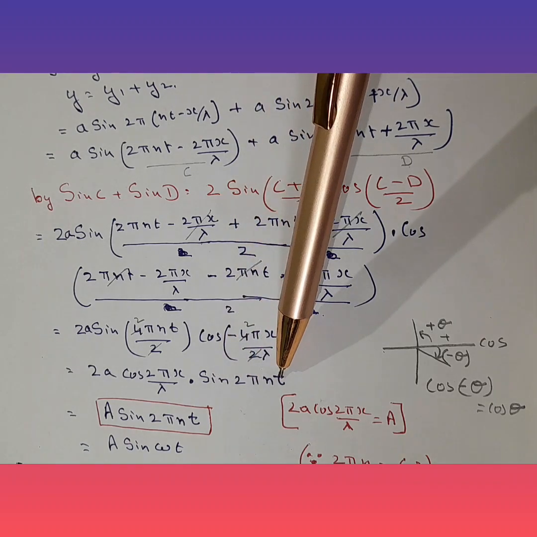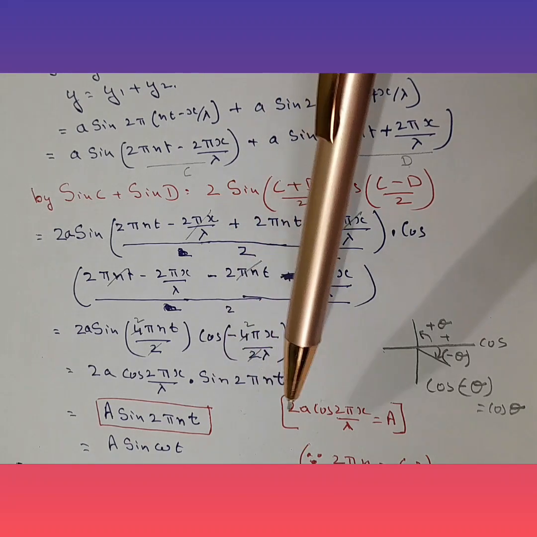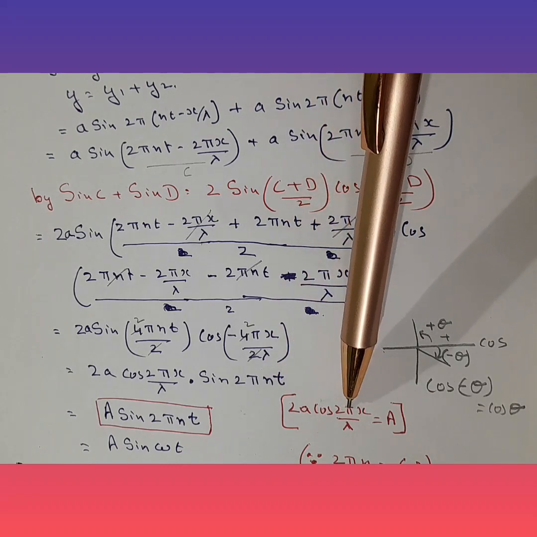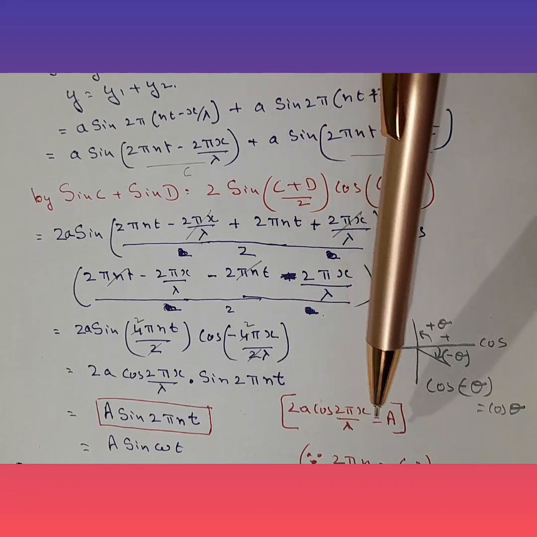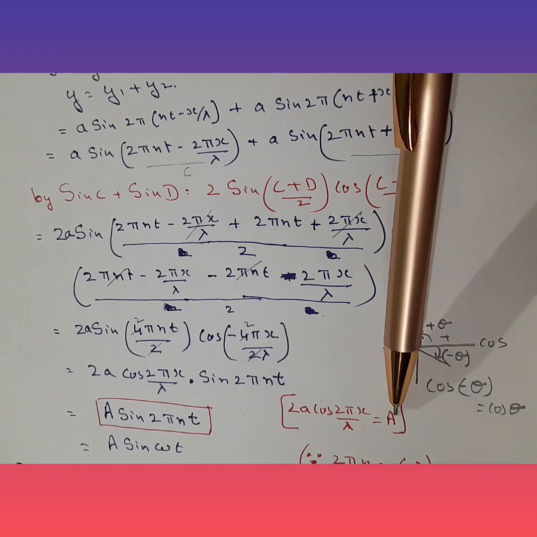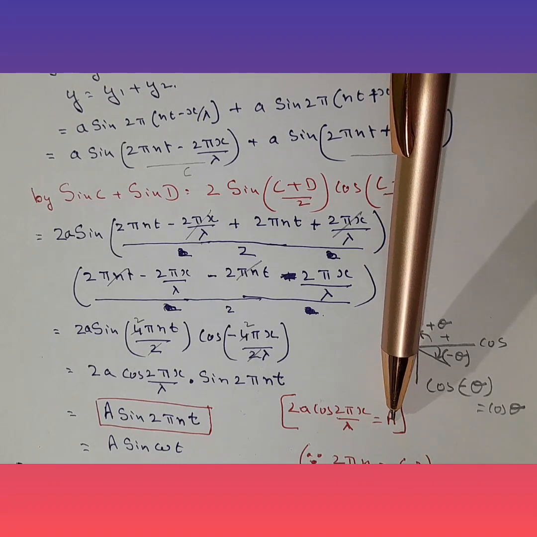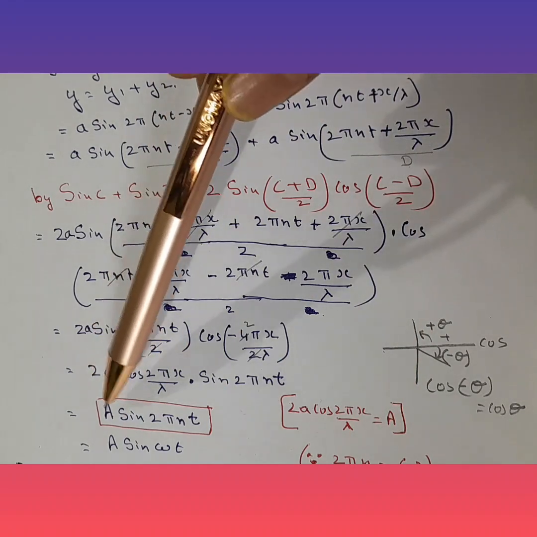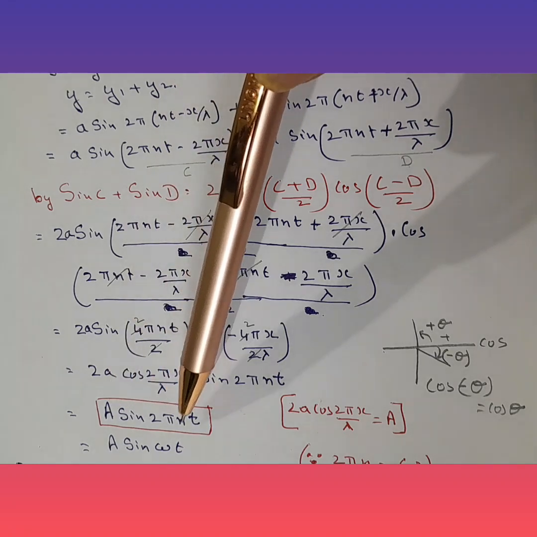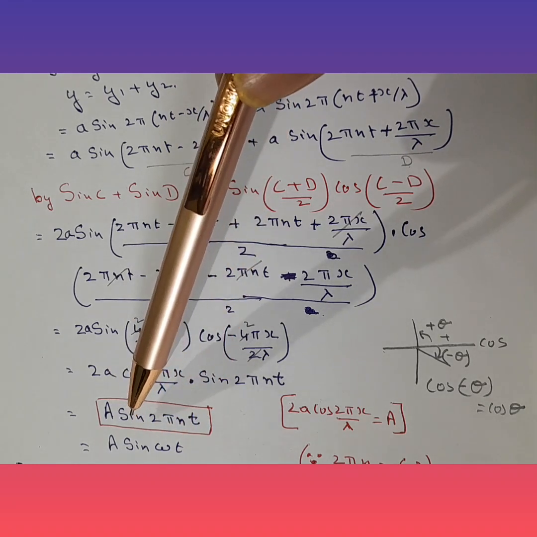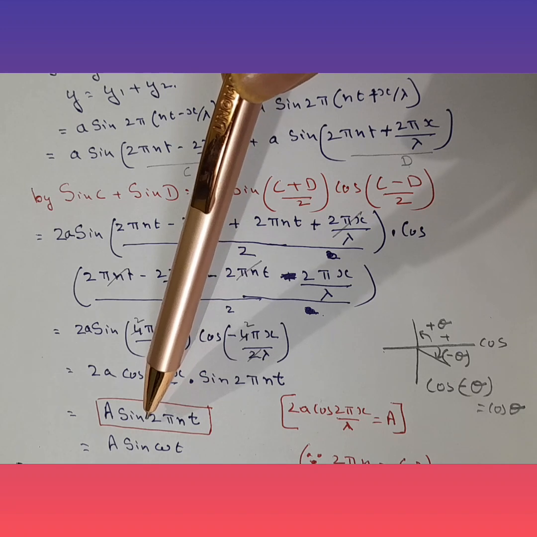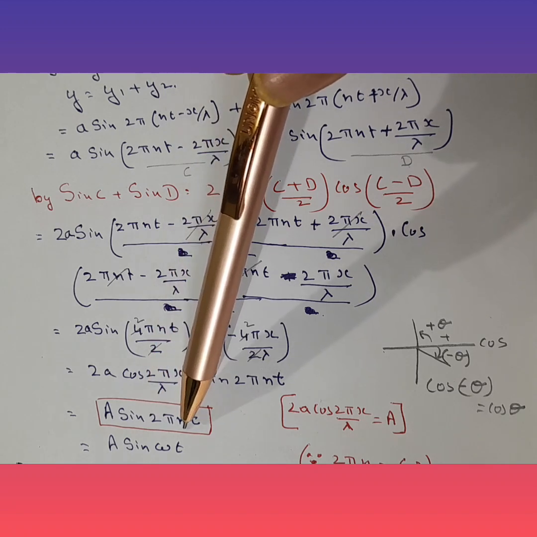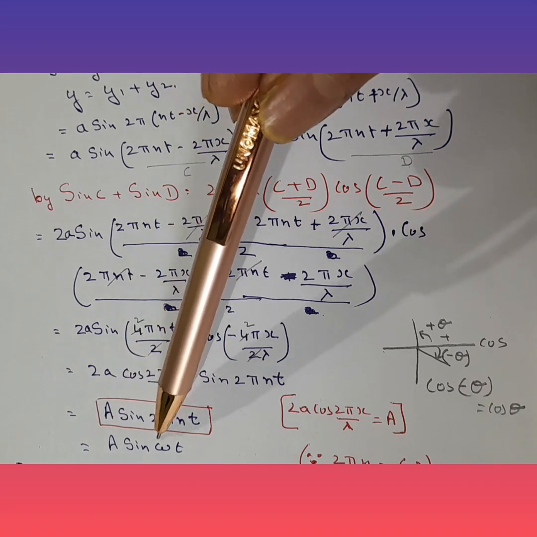In this, 2a cos(2πx/λ) we take as capital A, that is the amplitude. So we fit that in, and it becomes A sin 2πnt, and we know that 2πn is ω, so A sin ωt.